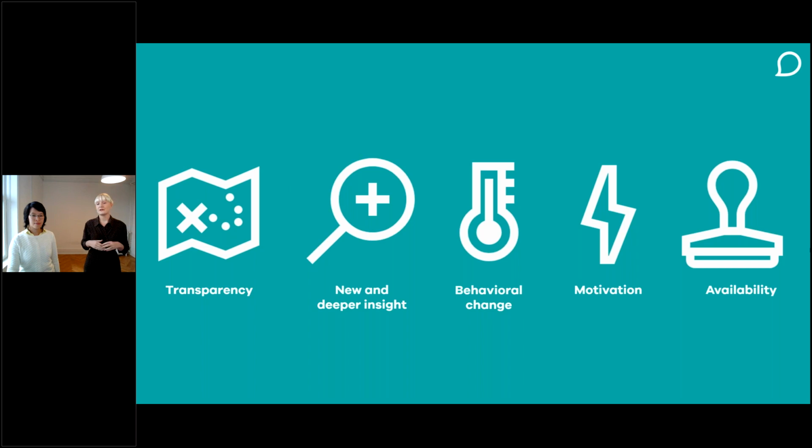It can also give us new and deeper insights. So where are we on track and where can we actually improve? And the fact is that the data that we choose to measure on, the data that we choose to highlight, will most often also be the thing that people actually choose to focus on. So it promotes a behavioral change. And that means that the visualization of data can actually spark motivation within individuals.